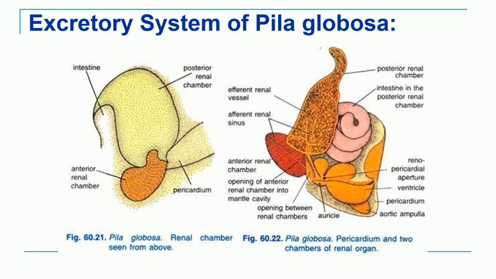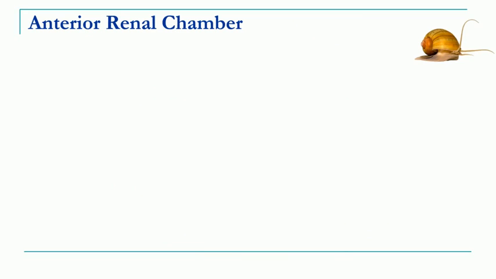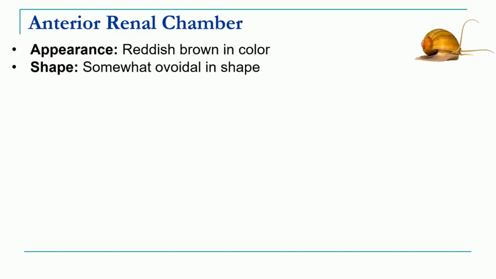So now let's study the first part of the excretory system, that is the anterior renal chamber. If we see the appearance or color of this anterior renal chamber, it is reddish brown in color. The shape of this anterior renal chamber is somewhat oval. Since it is oval in shape, it will have two surfaces.